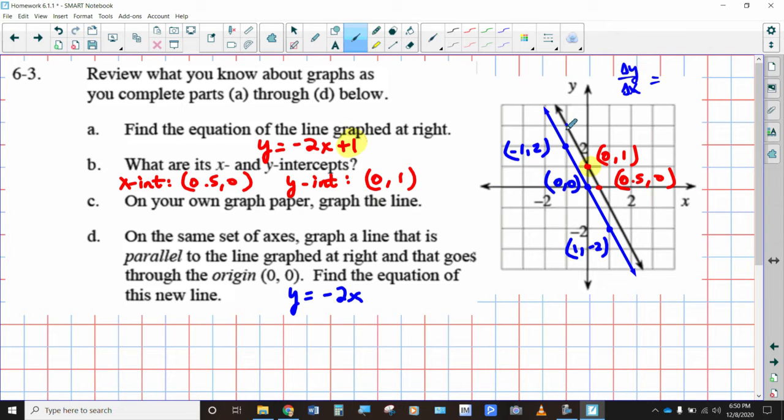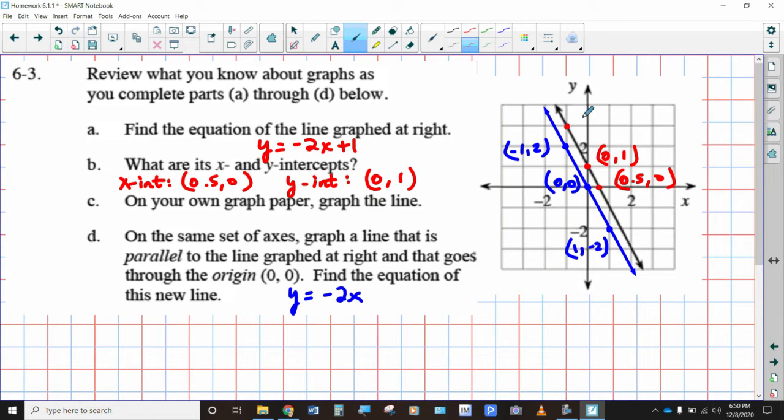And so to get from, say, this point to here or this point to here, it looks like it always goes down 2 and then 1 to the right. So that means that our slope, m, is going to be equal to -2. So we'll put that number right here, and that's our rule. So for every point on this line, every one of those points is going to be defined by y equals -2x plus 1.